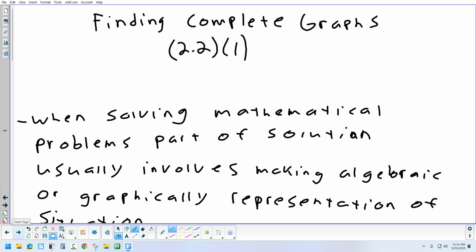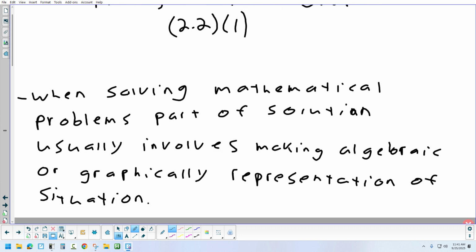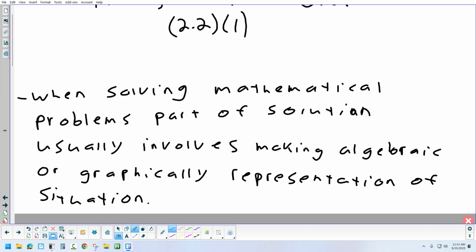When you're solving a word problem, remember, you have to use a little bit of common sense. So if we're solving a word problem and it involves time, time can't be what kind of number? It can't be negative, right? So when we set up an equation and put it in on the calculator, a lot of times we have to set the window so that it accurately represents our problem.